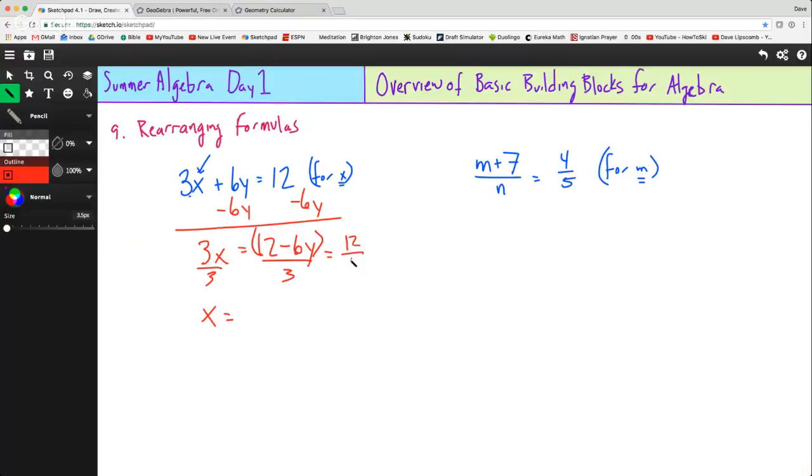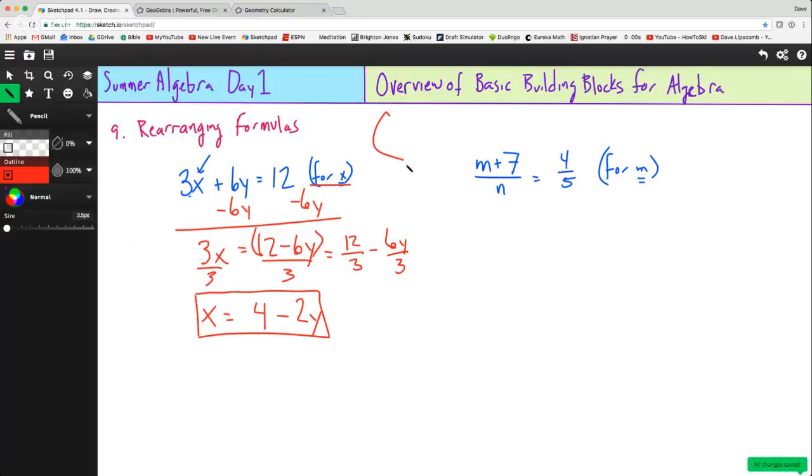So that's 12 over 3 minus 6y over 3. So that's equal to 4 minus 2y. And so now we've solved for x. We have x by itself.